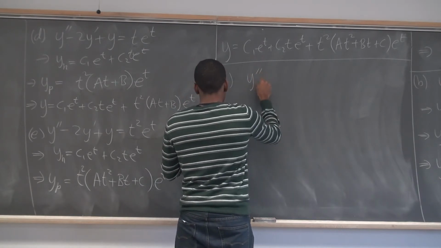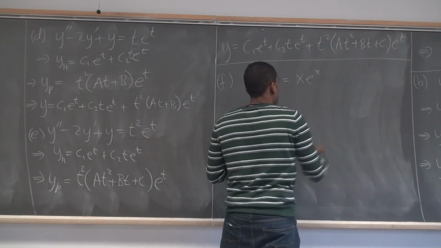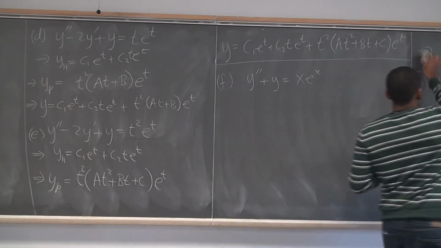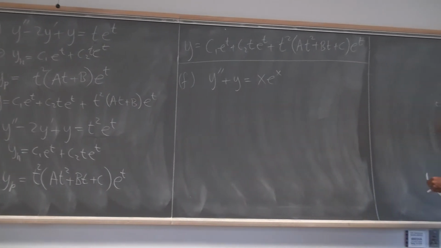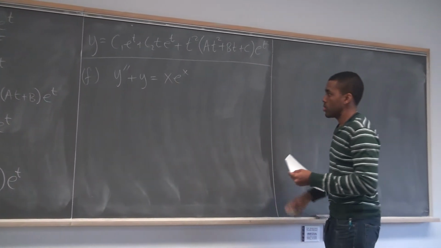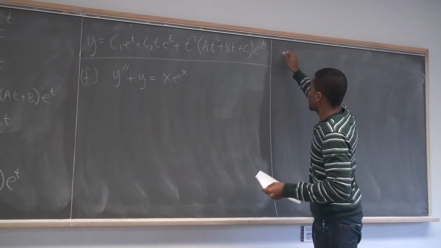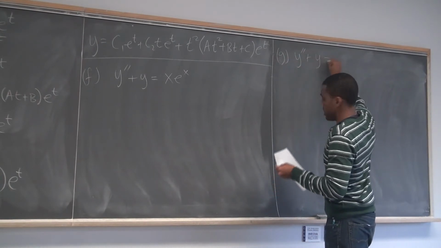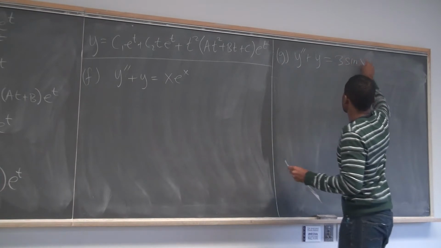Y double prime plus y equals x e to the x. Y double prime plus y equals 3 sine x.